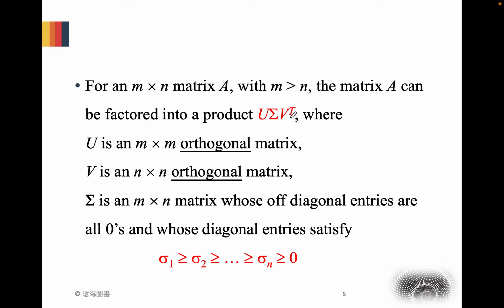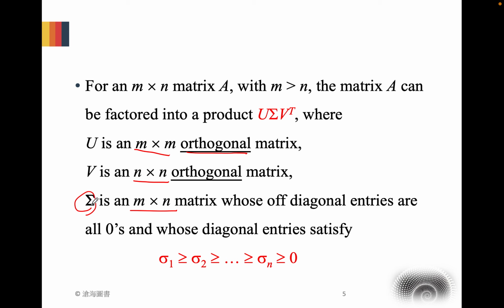The matrix A can be factored into a product U sigma V transpose, where U is an m by m orthogonal matrix, V is an n by n orthogonal matrix, and sigma is a matrix whose off-diagonal entries are all zeros.